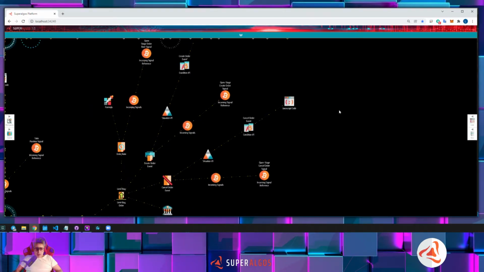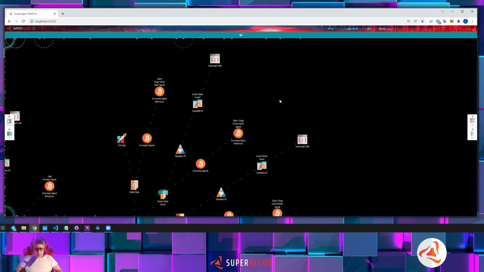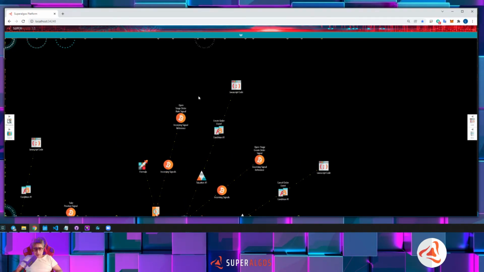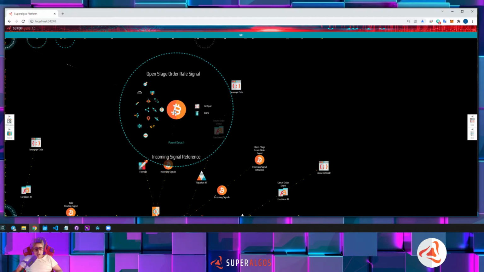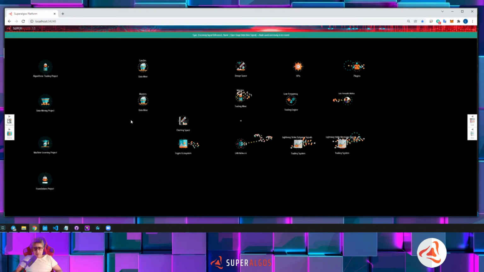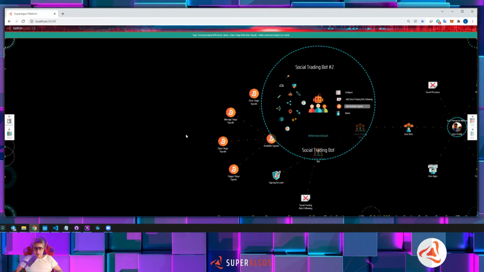Remember that these events related to this order are pointing to one specific order or order signal that we have defined at my profile here.